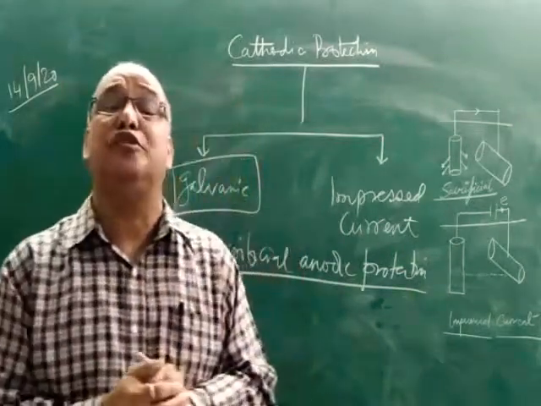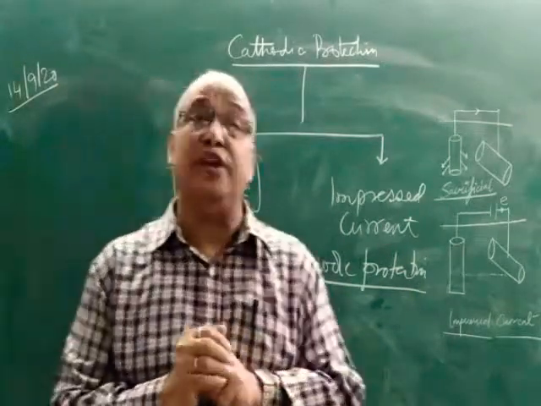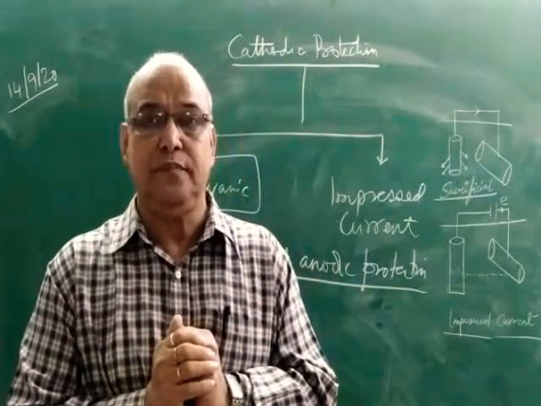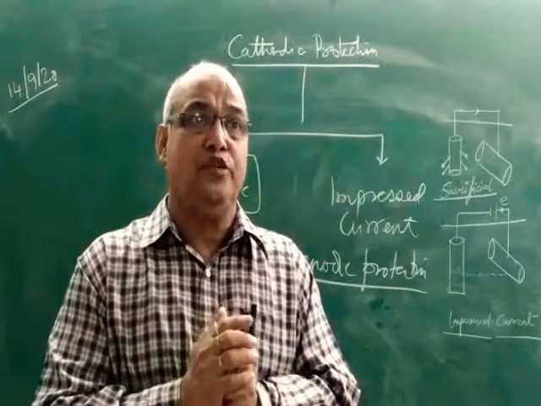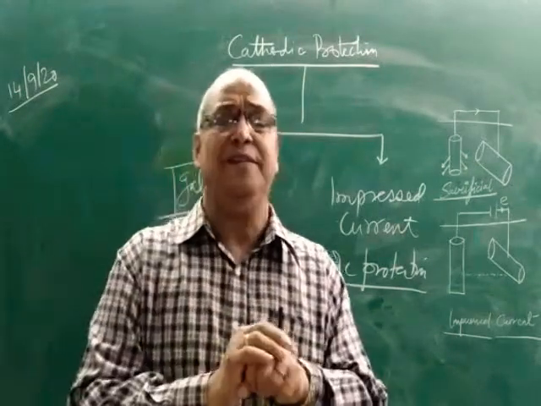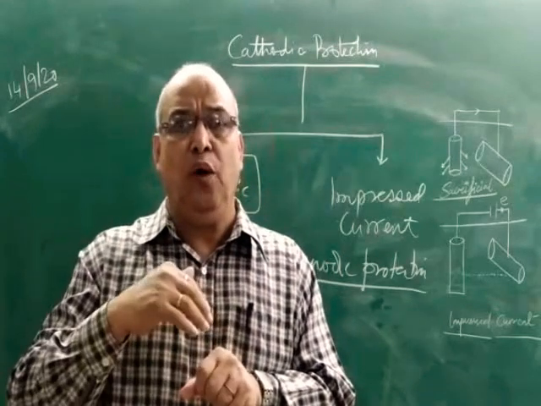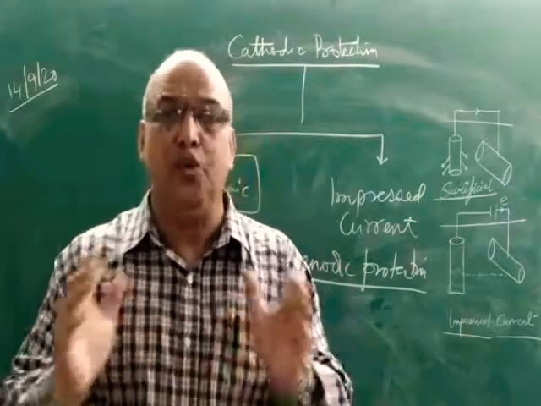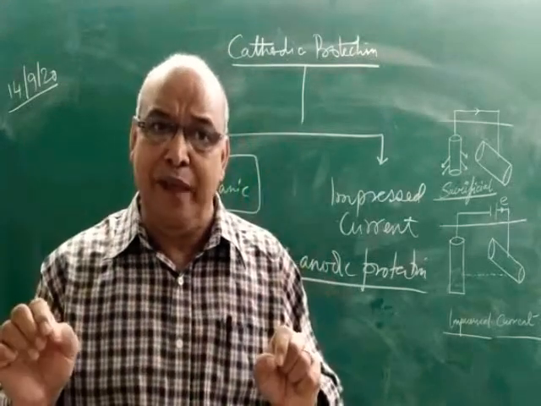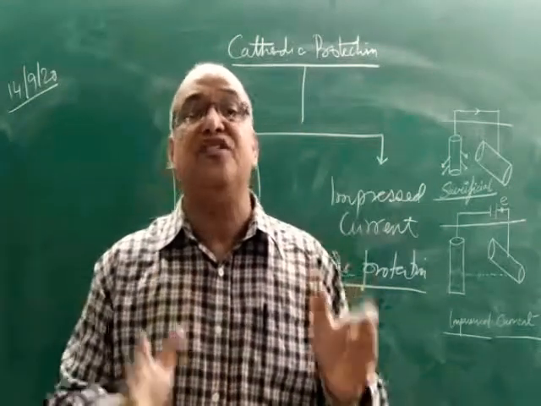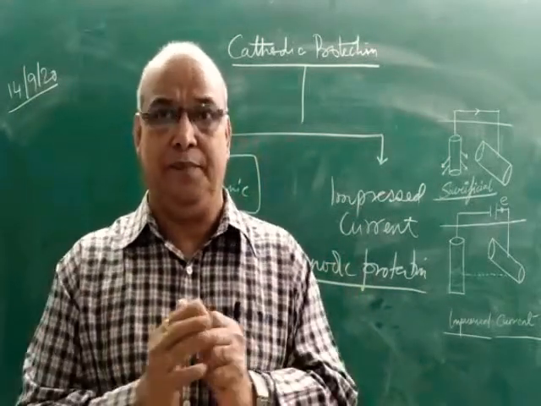In this approach, the metallic structure to be protected is connected by a wire to a more anodic metal, so that corrosion takes place only on the more anodic metal, keeping the parent structure protected.